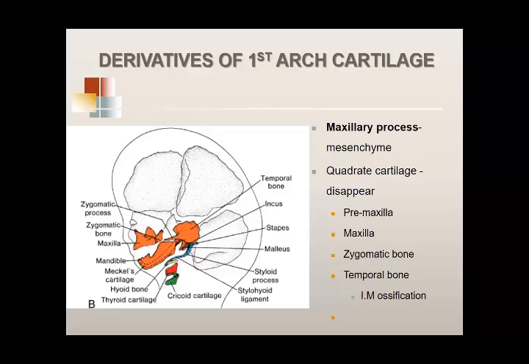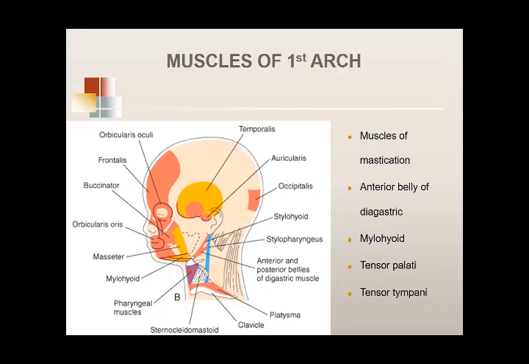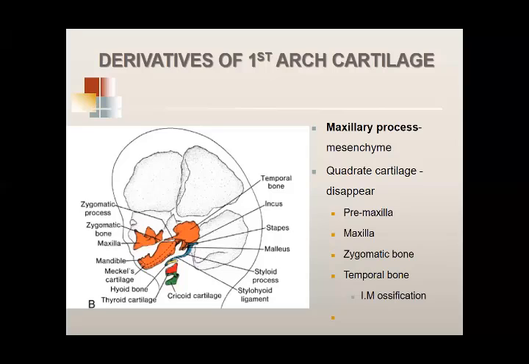The clavicle makes communication between your axial and appendicular skeleton, and provides support to the appendicular skeleton. Similarly, when we discussed the development of the skull, the protective case that protects the brain, the bones of the calvaria, temporal, parietal, occipital, all developed by intramembranous ossification. The bones of the base of the skull were cartilage, intracartilaginous.